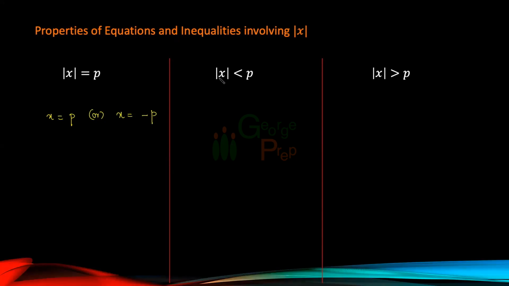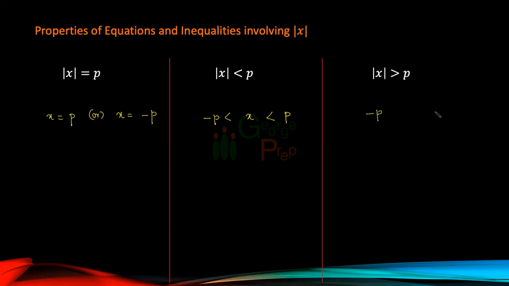And whenever you see that modulus of x is less than p, it's going to be the in-between range, not the outer ranges. So you can write minus p here and p here, and put x in between that. Okay, when I say modulus of x is greater than p, we are speaking about the outer ranges beyond the boundaries.